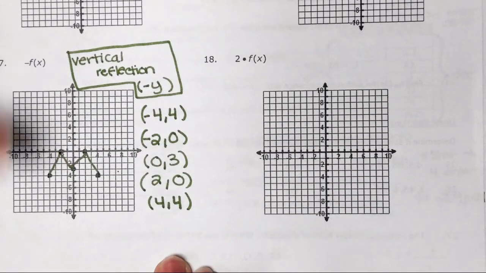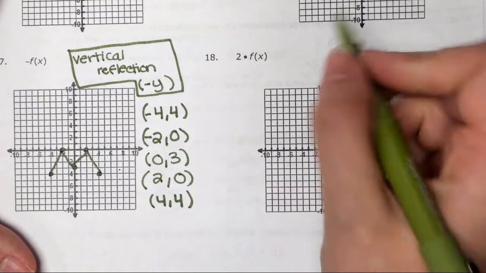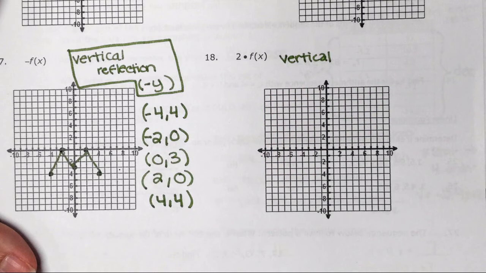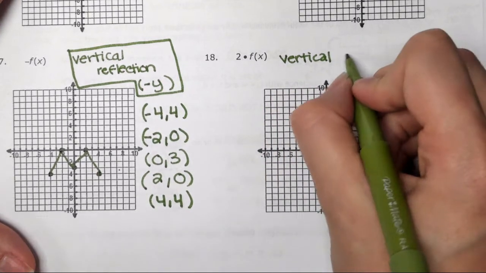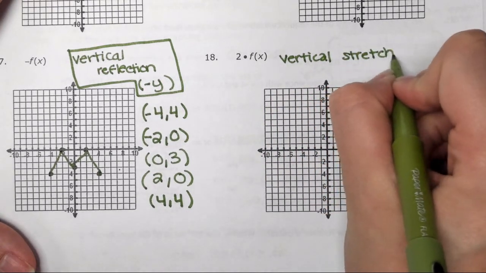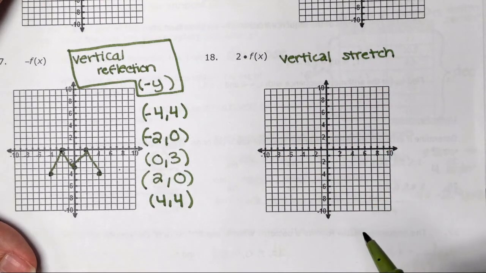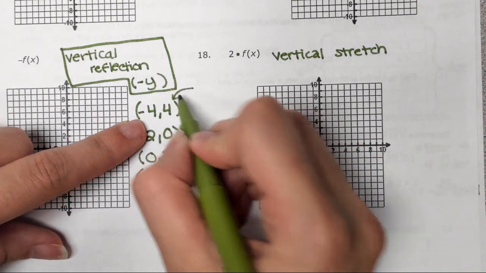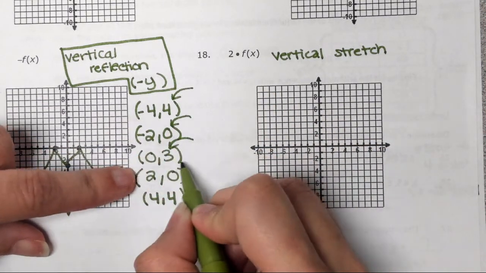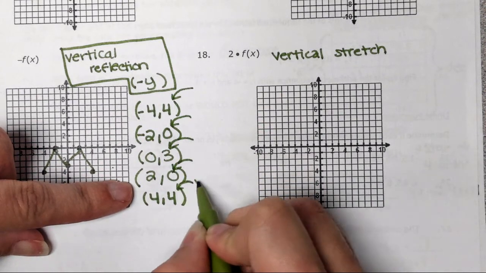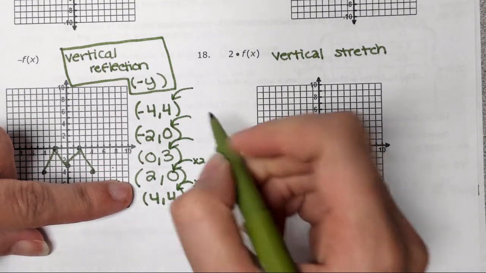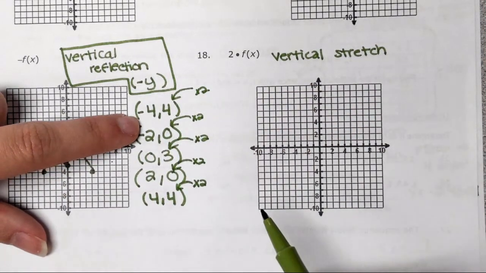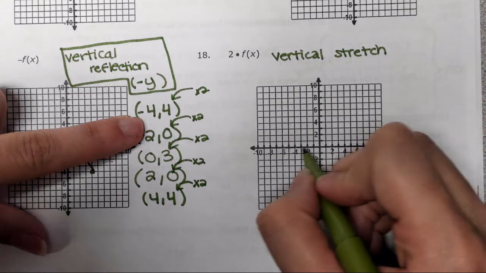On this last one, this is a vertical because it's on the outside of the parentheses, and it's going to be a stretch. So I'm multiplying all of my y values times 2. So if I go over here and I multiply all of these y values from my original times 2, my new point is going to be at negative 4, 8.